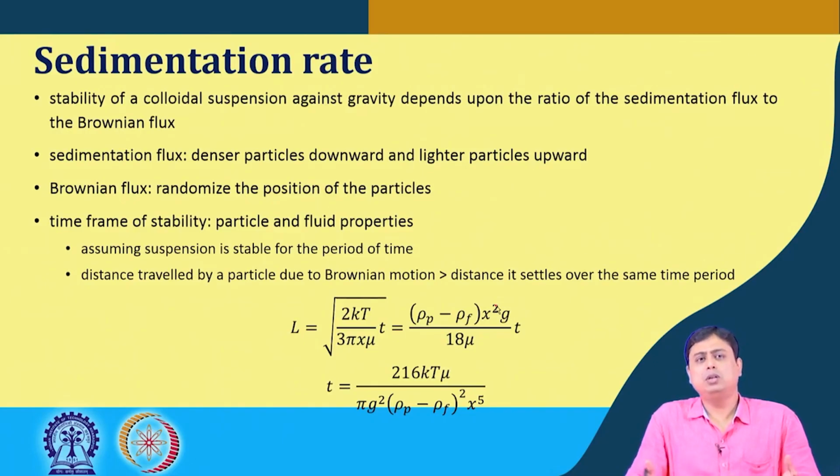If we assume that the suspension is stable for a period of time during which the distance travelled by a particle due to Brownian motion is greater than the distance it settles over the same period of time, then we can estimate the time frame for its stability, or the time required to settle a first particle from the colloidal suspension.